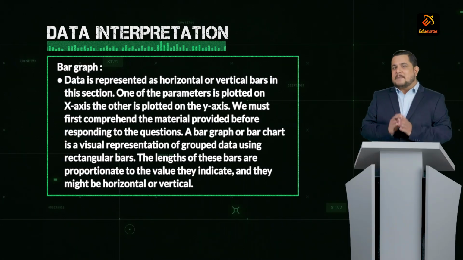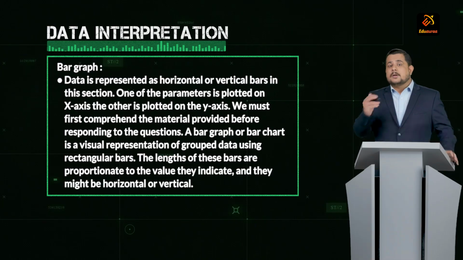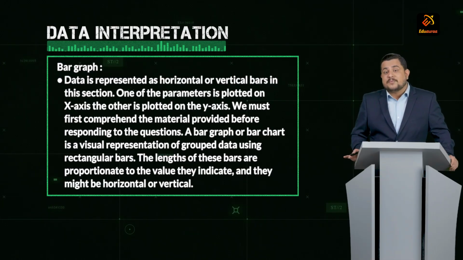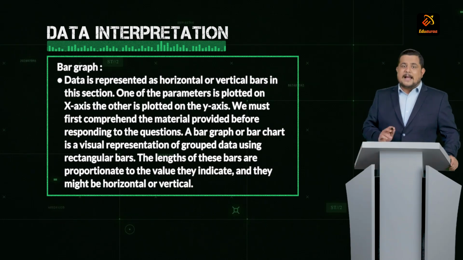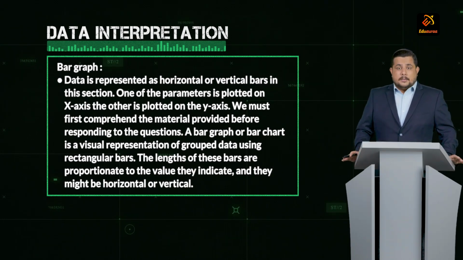The horizontal bar graph and the vertical bar graph are the two forms of the bar graph available. Horizontal and vertical. The x-axis and y-axis are the two axes that make up a bar graph.